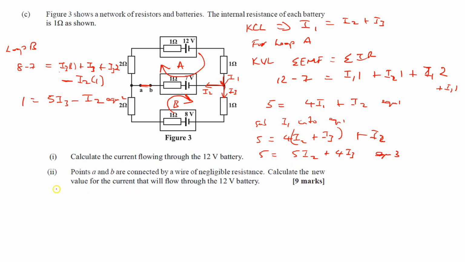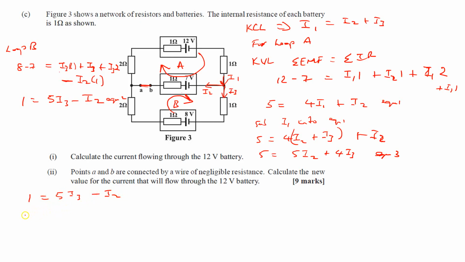Now that I have these two equations, equation 3 and equation 2, I can utilize what we call the method of elimination. So equation 2 says 1 is equal to 5I3 minus I2. Cool.